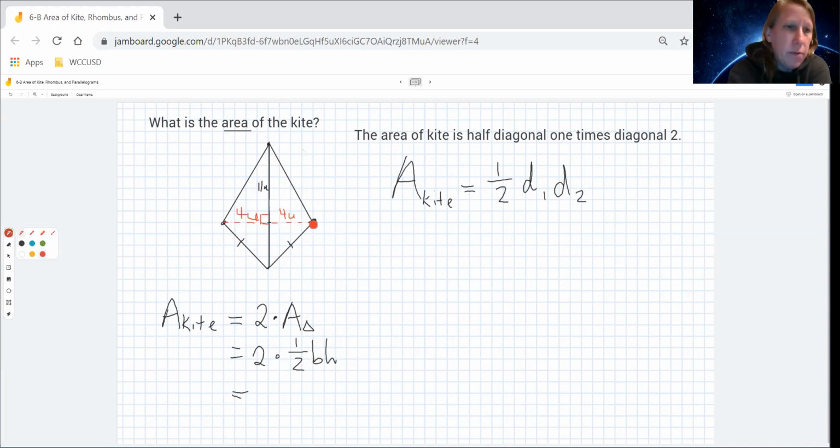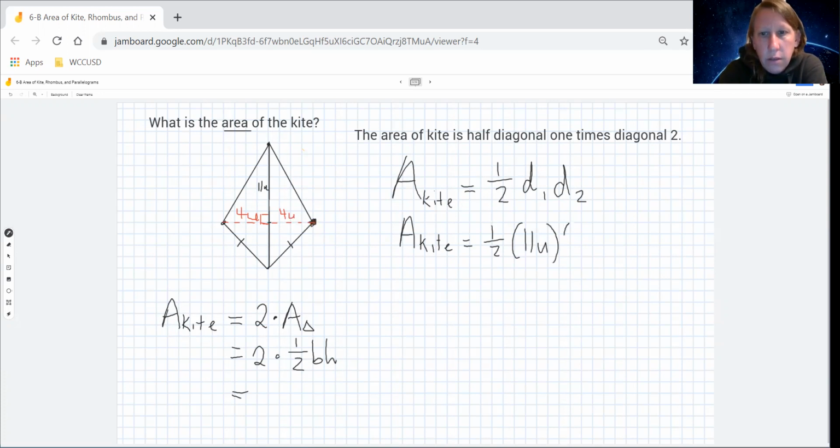So if I'm going to do this problem using the formula, the area of the kite is half, and I'm going to do 11 units is the long diagonal, and the short one is 8 units. That order doesn't matter because it's multiplication. I could have switched that just fine. There's nothing that says the long diagonal has to be the first one.